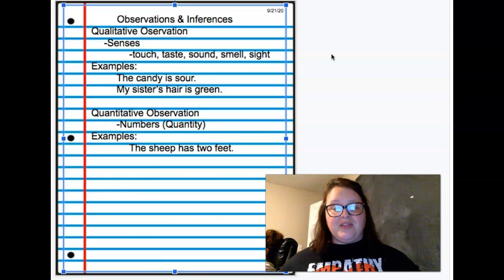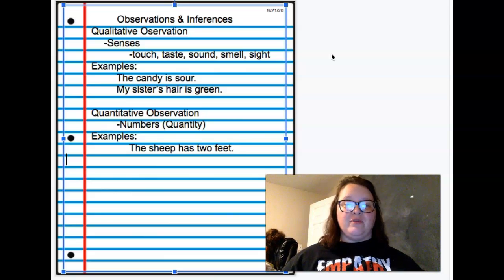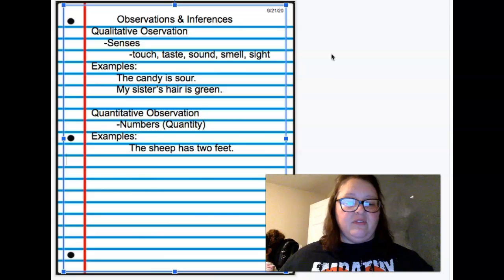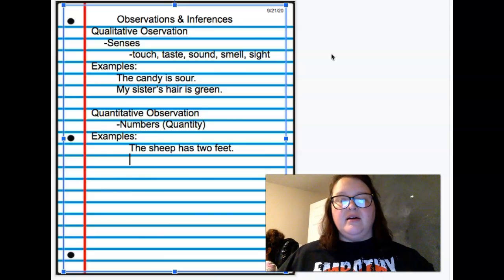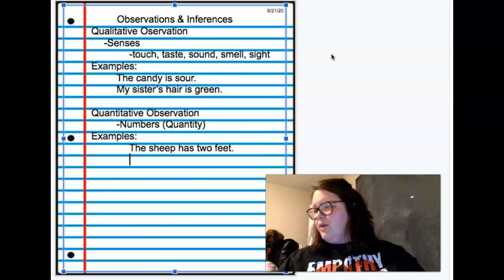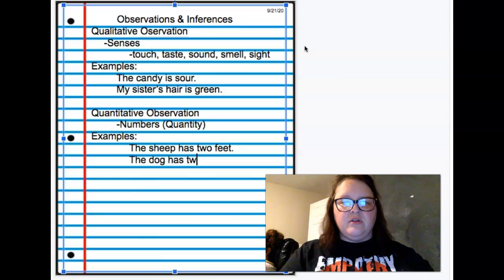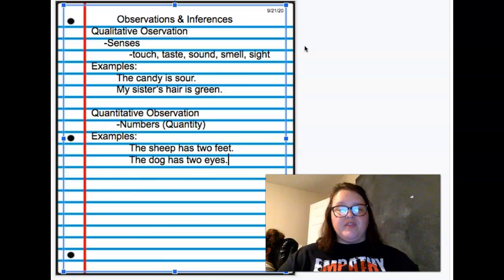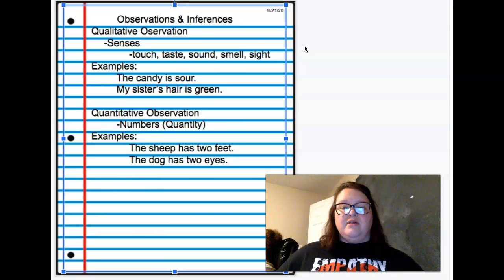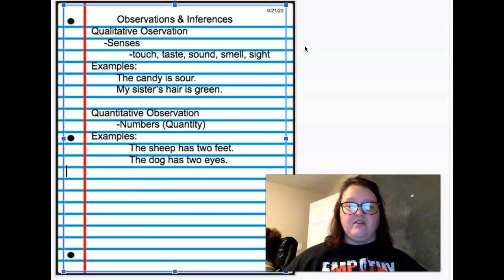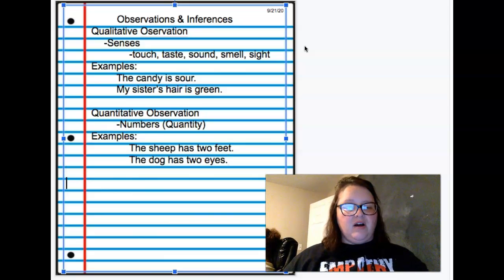Hopefully sheep that aren't toys have 4 legs and 4 feet. They're really hooves, but feet for our purposes. Or the dog has 2 eyes. So we can also observe that dogs have 2 eyes. So those are all quantitative observations. These are things that we can count. Okay, very good, guys.